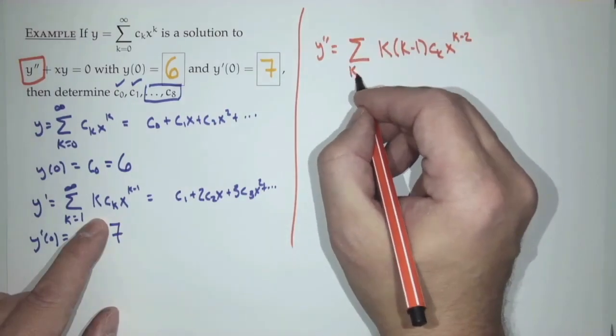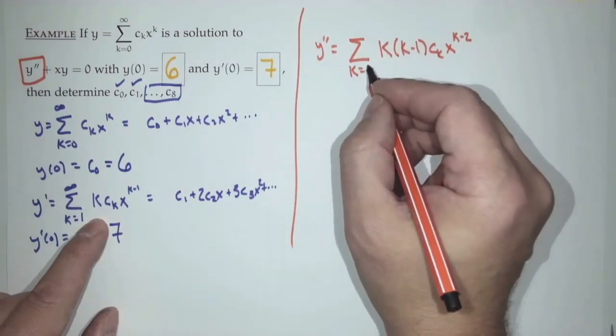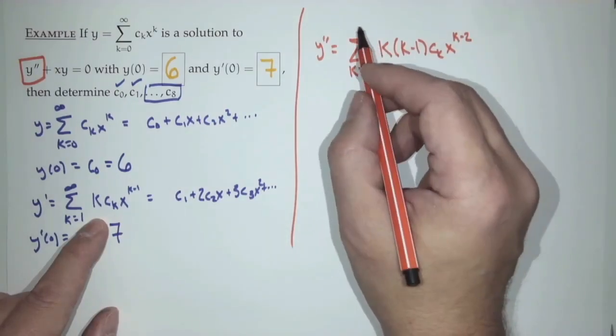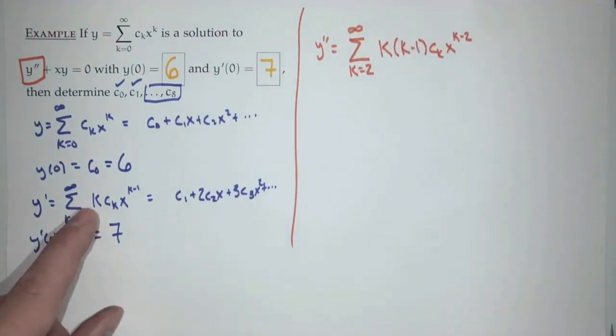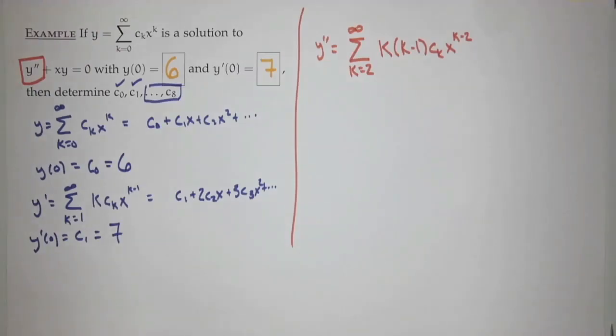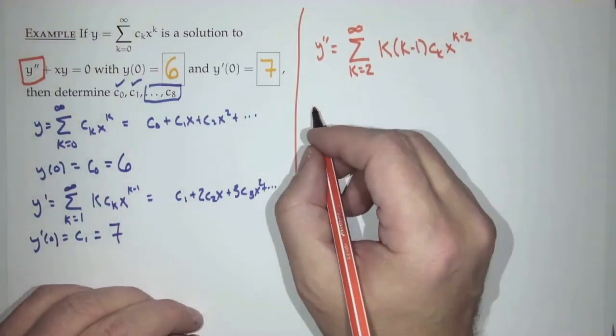And where should we start? Yeah, we can start at 2. Now, you might say, do you have to start at 2? No. You could start at 0, you could start at 1, but 0 and 1 are automatically 0, so they're not interesting. So 2 seems to be the natural place to start, because that's the place where things actually have a chance of having something happen.